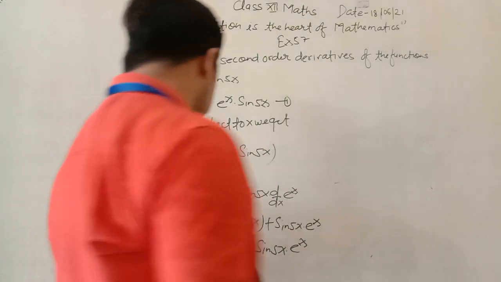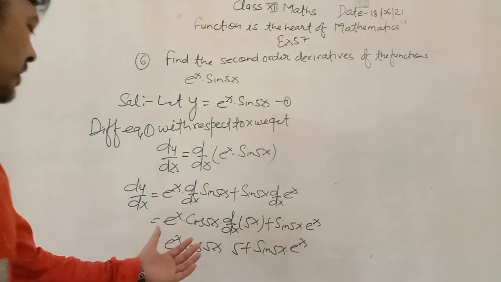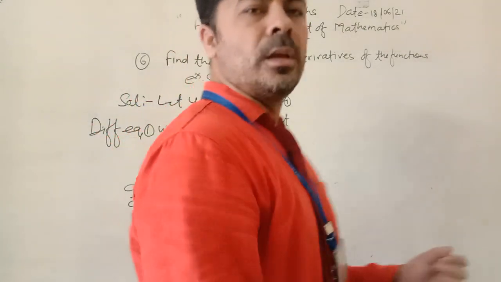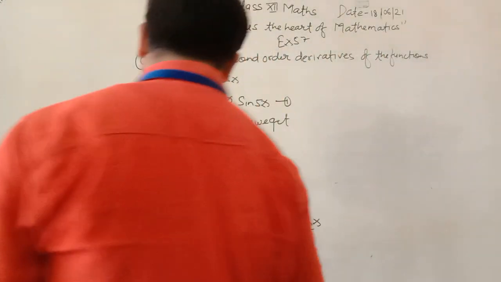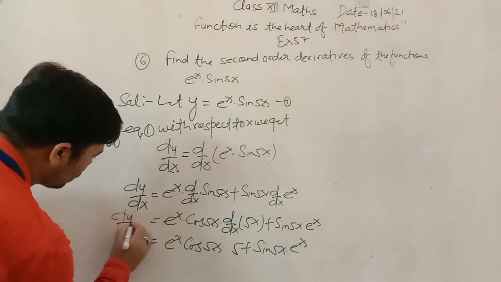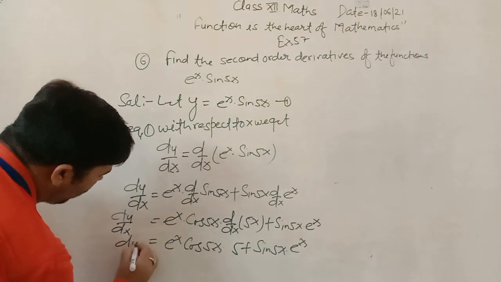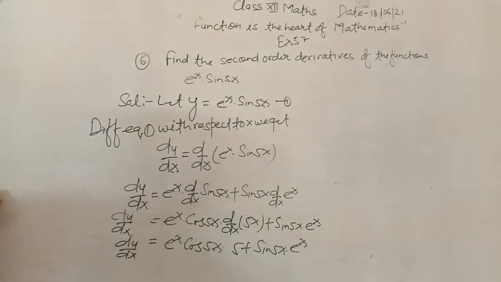You see that both the terms involve e to the power x. So taking out e to the power x common from both the terms, this is the value of dy upon dx.